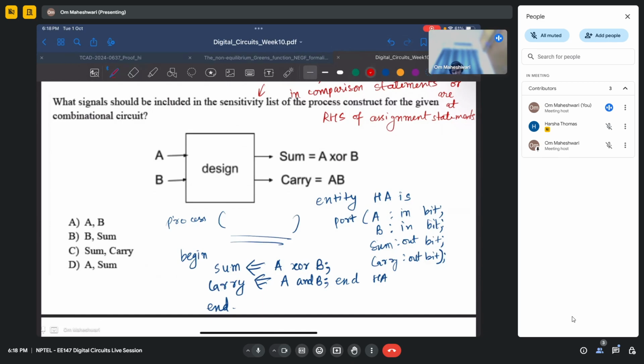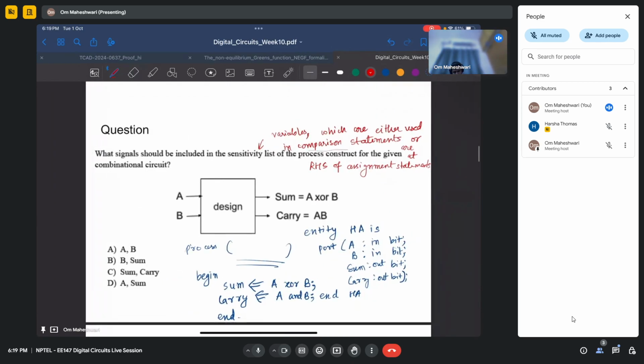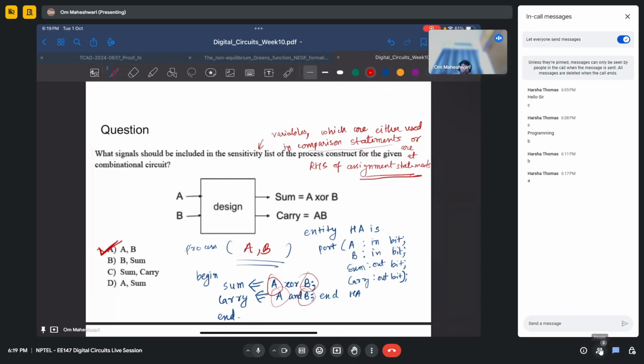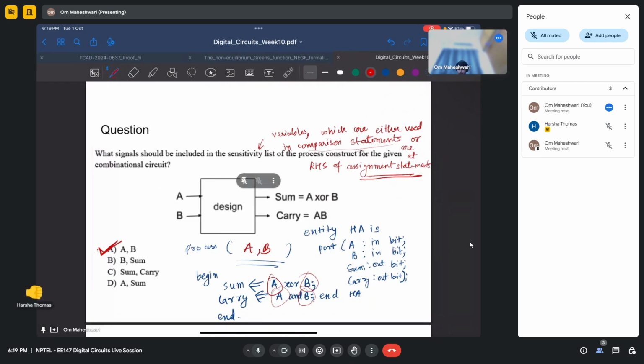On the RHS of these assignments, we have no comparison statements like if something is greater than or less than, but we have these assignment statements, and on the RHS we have A and B. So A and B will be in our sensitivity list. You have answered correctly. I hope this is clear.